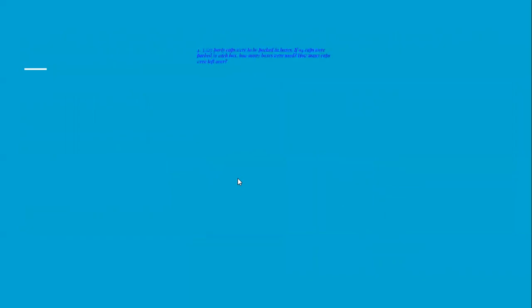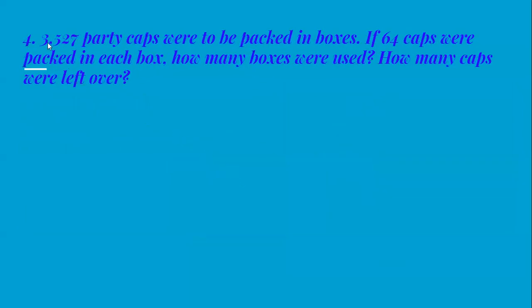Our next question is 3,527 party caps were to be packed in boxes. If 64 caps were packed in each box, how many boxes were used?